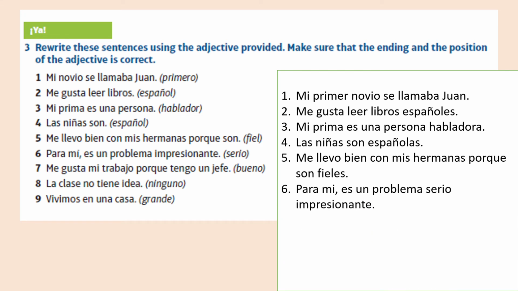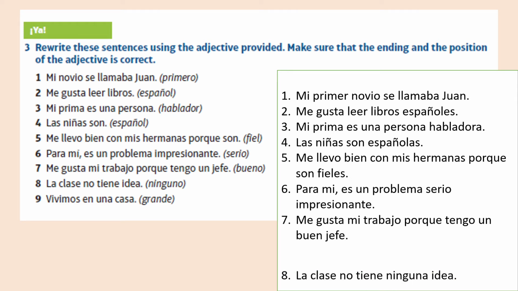And here it goes. Es un problema serio impresionante. Number 7, me gusta mi trabajo porque tengo un buen jefe. I have a good boss. Buen has to go before jefe, and remember it's shortened slightly because of bueno.